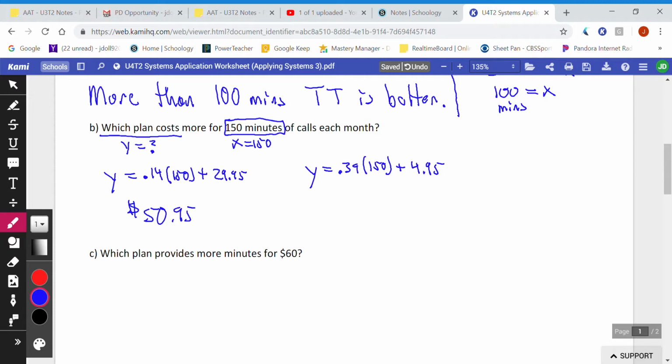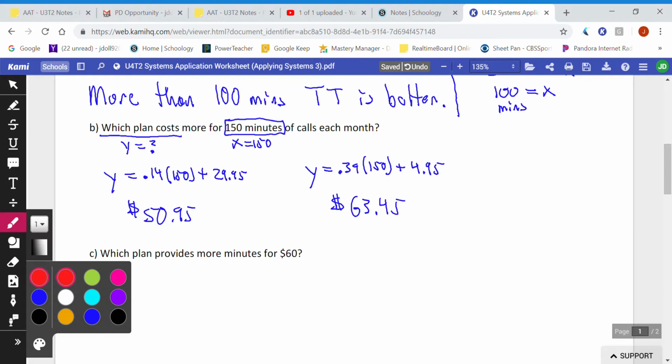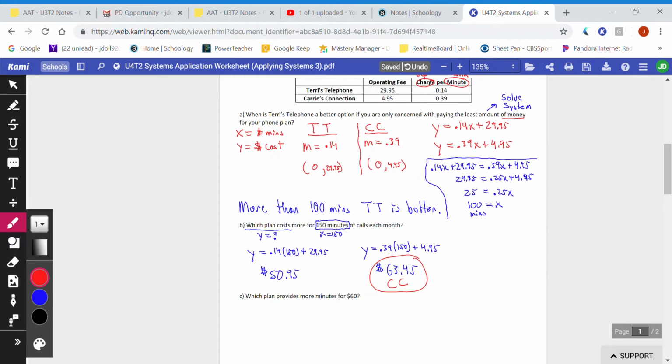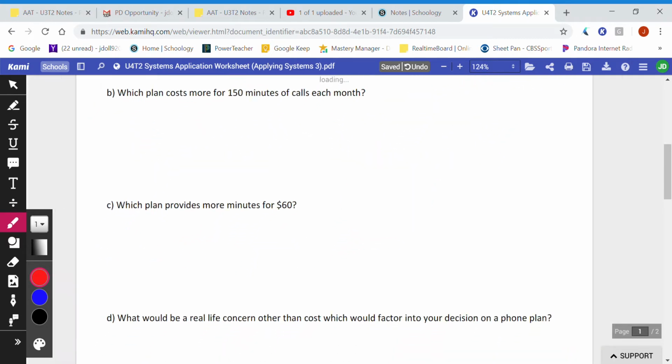And for the same thing, 0.39 times 150 plus 4.95, it's going to cost me $63.45. So which plan costs more? Clearly, Carrie's connection is going to cost more for 150 minutes.